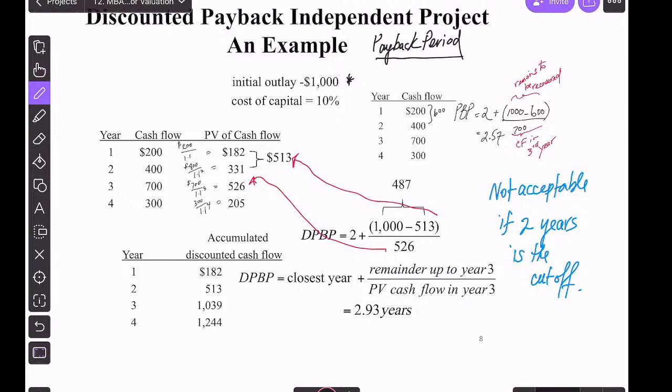We say it's not acceptable if 2 years is the cutoff or the threshold. Questions?